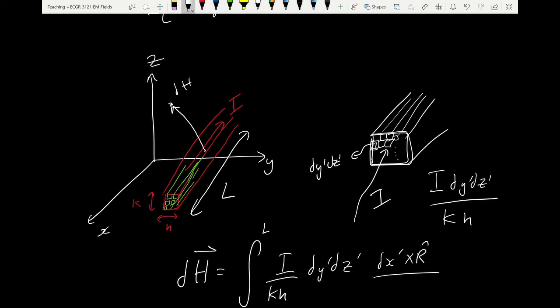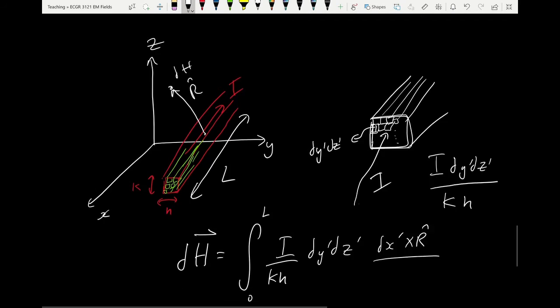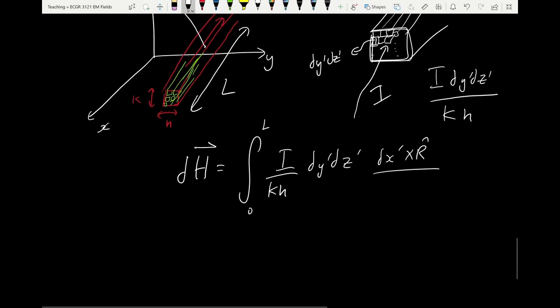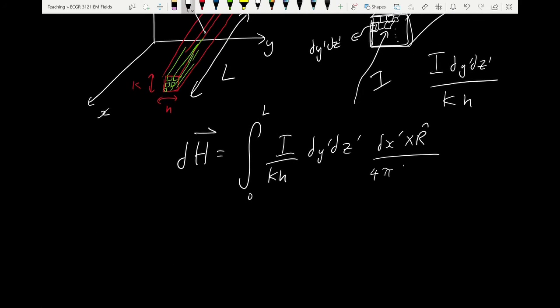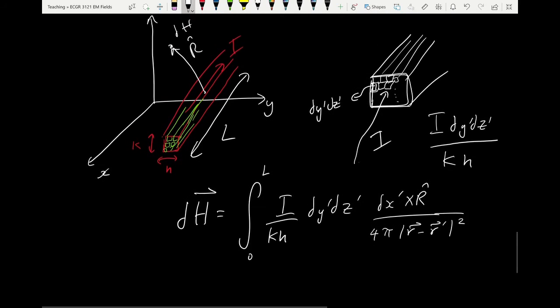R hat is this vector, the unit vector in that direction, right? Over 4 pi r minus r prime squared. R, of course, is from the origin to the point, and r prime is from the element to the point, right?